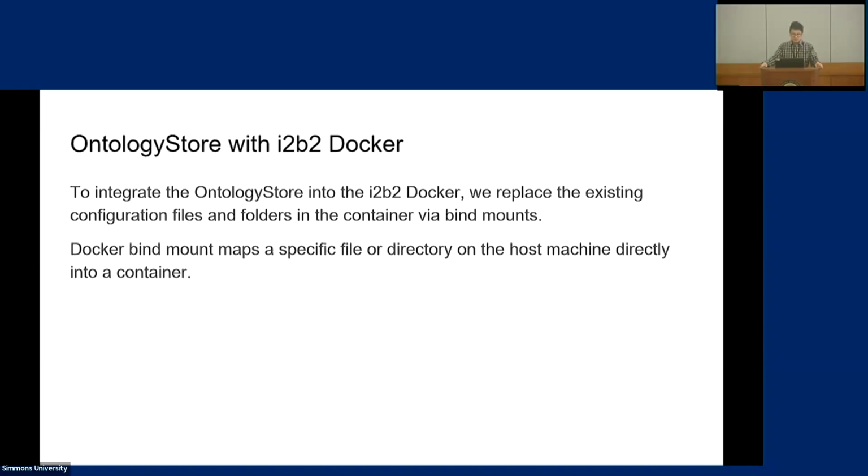To integrate OntologyStore into the I2B2 Docker, we replace the existing configuration files and folders in a container via bind mounts. I don't know how many of you have used Docker before. A Docker bind mount maps specific files or directories on a host machine into a container.